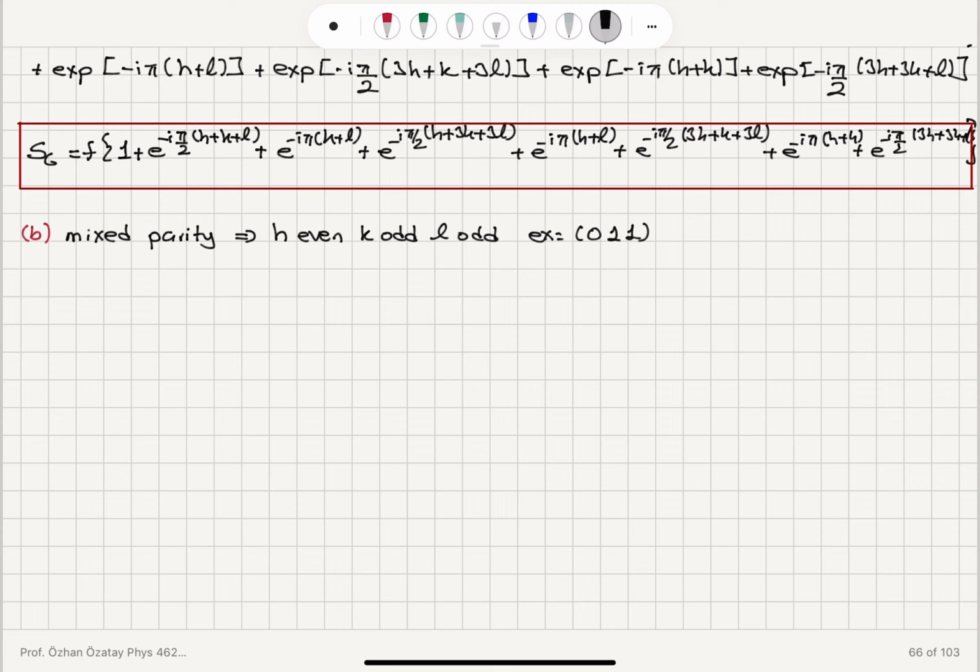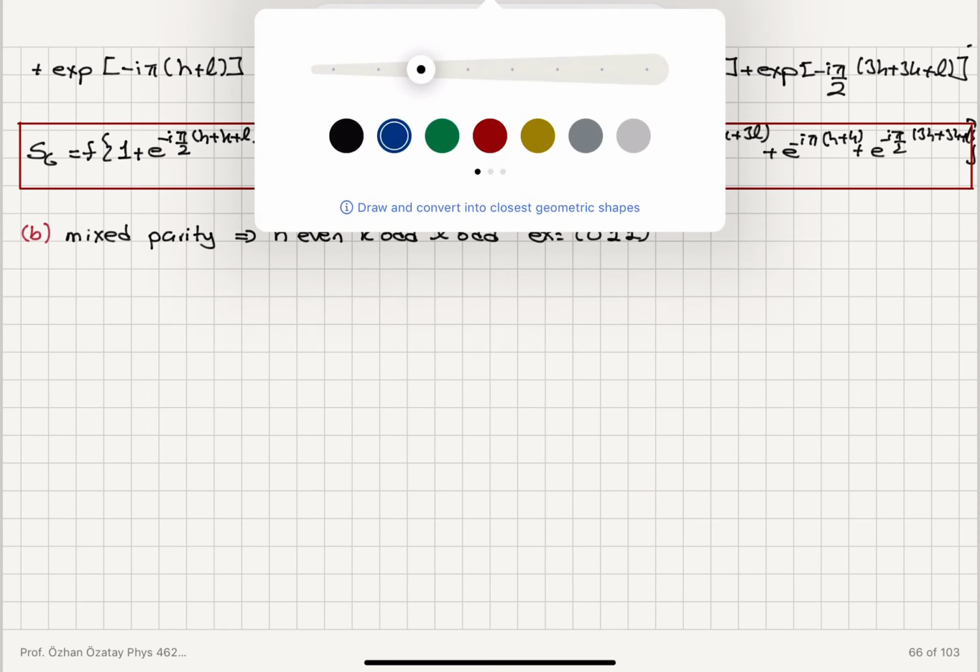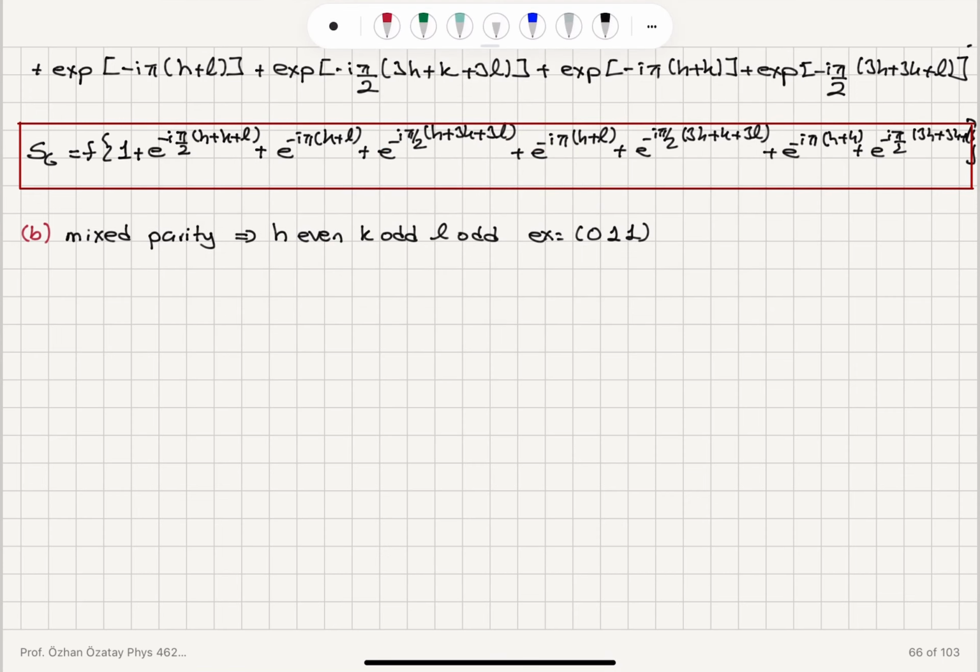Okay, so if we consider this scenario, let's see what this gives us for the geometrical structure factor. F times 1 plus, so we will get H being 0, K and L being 1.